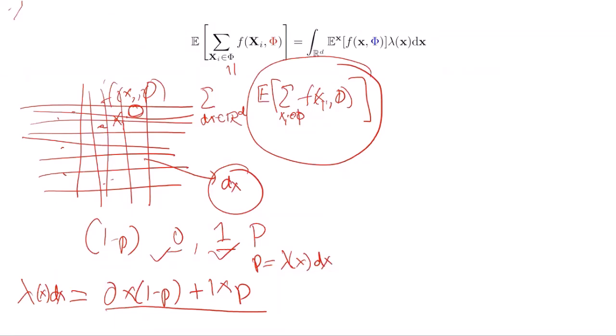Okay, so what I do is condition this expectation. I want to compute this in this interval only, and then I will sum it over each of these small intervals.